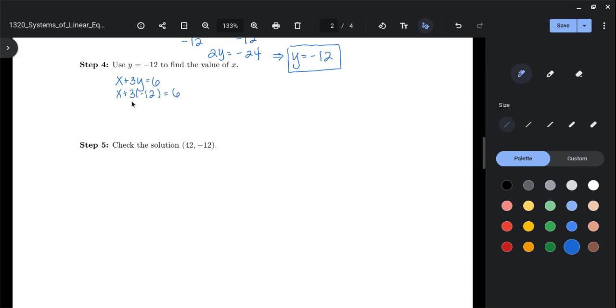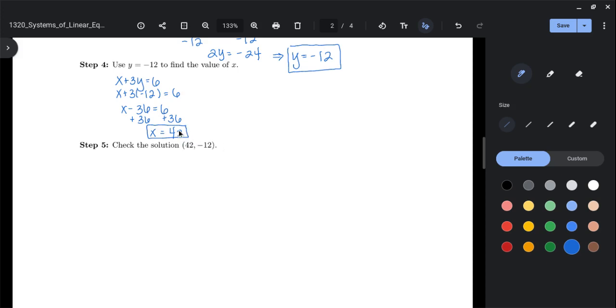So I do my multiplication. 3 times negative 12 is negative 36. And I want x by itself, and right now we're subtracting 36 from it, so I'm going to add 36 to both sides, and we get x equals 36 plus 6 is 42.